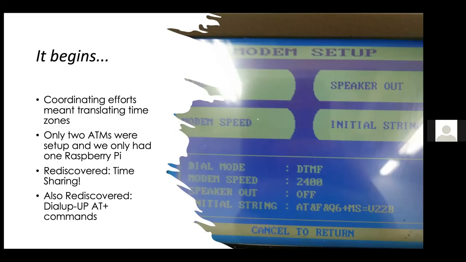So processing data. Well, we kind of reinvented timeshares. To do this, we only had a limited number of ATMs that we could connect at any given time. And there were two of us. There was me and Forrest working on this at any given time, which meant that two ATMs had to be functional. But because we did not know the protocol, the ATMs would terminate and go into an out of service mode because they could not communicate to the payment processor.